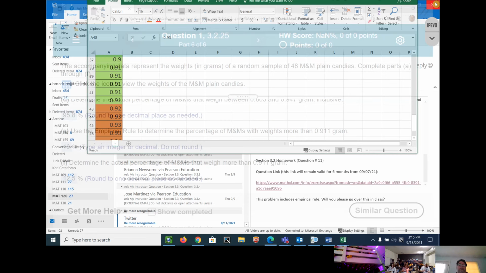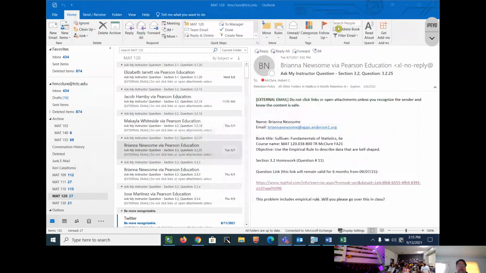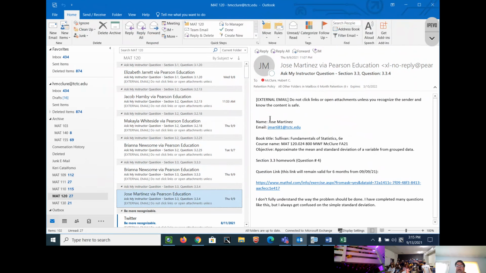Okay. And that'll take care of the questions except for this one. What is this one? 3.34/4. Let's see what it looks like.